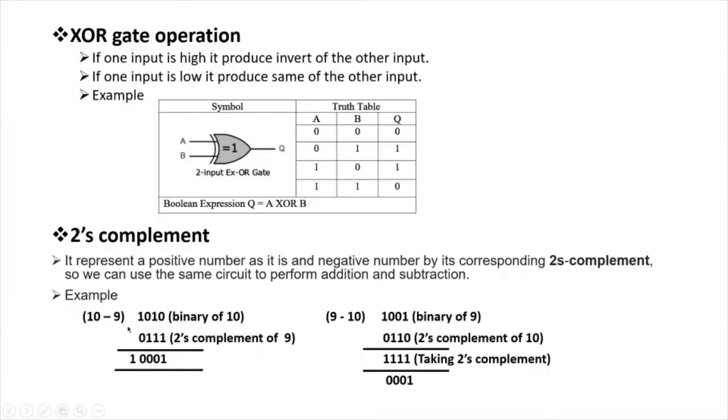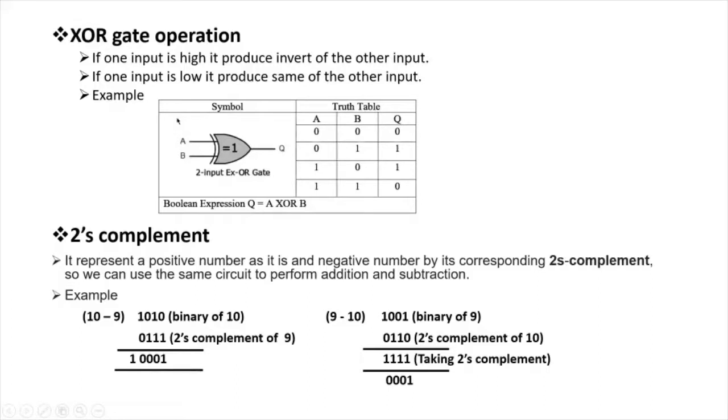By adding these two, we get the value 0001. So we are performing an addition operation between the binary of 10 and the 2's complement of 9, but we are getting the subtraction value of these two. So this is called 2's complement.